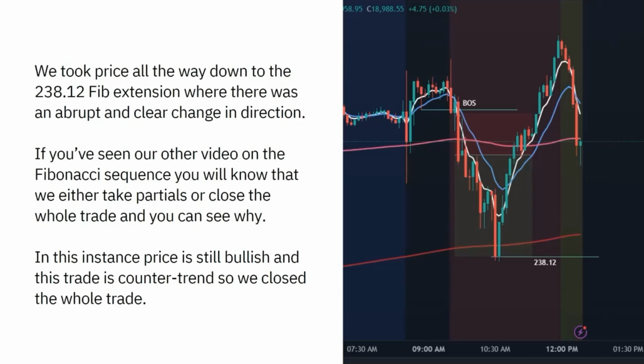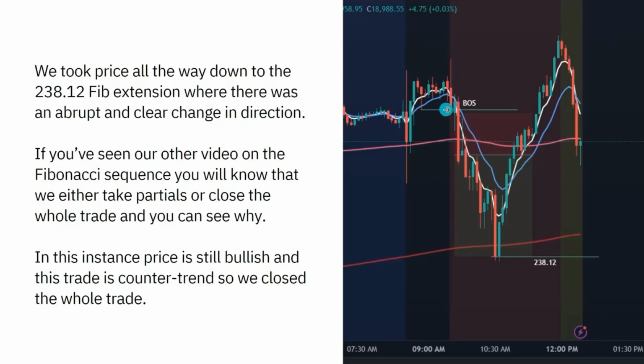We took price all the way down to the 238.12 fib extension, where there was an abrupt and clear change in direction. If you've seen our other video on the Fibonacci sequence, you will know that we either take partials or close the whole trade at that level, and you can see why. We'll put a link in the corner to that video. In this instance, price is still bullish, and this trade is counter trend, so we closed the whole trade.